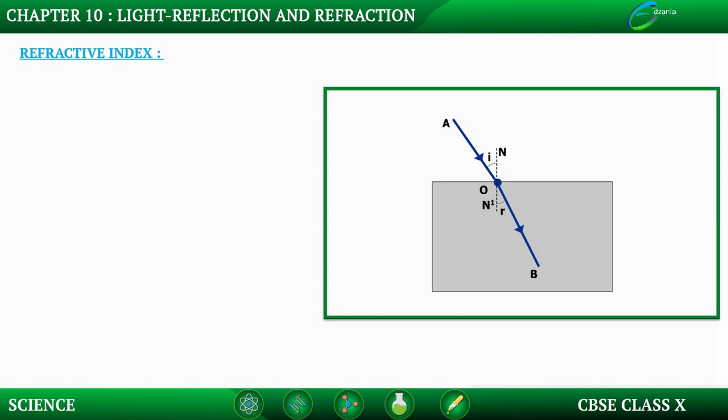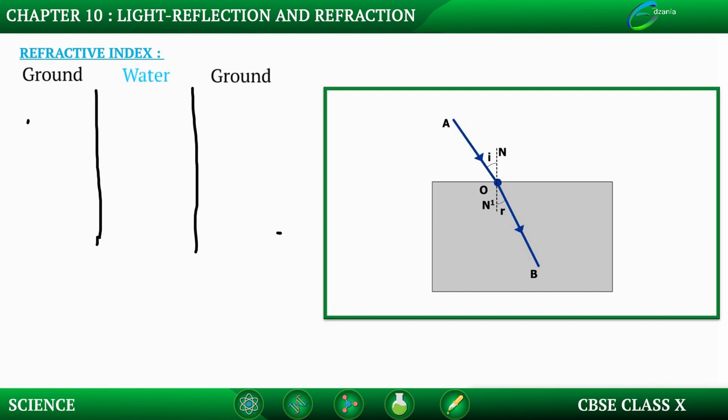For this, we will take a simple analogy where you have to reach from, let's say, point A to point B, and in between the medium changes, which is affecting your speed. Like if it is ground, then water, and again ground.